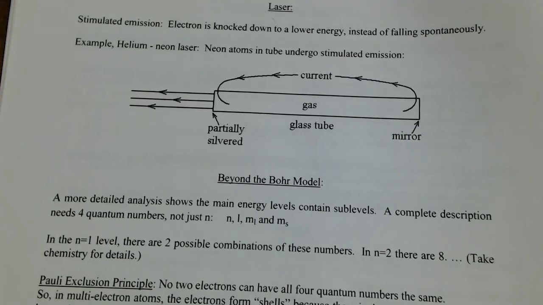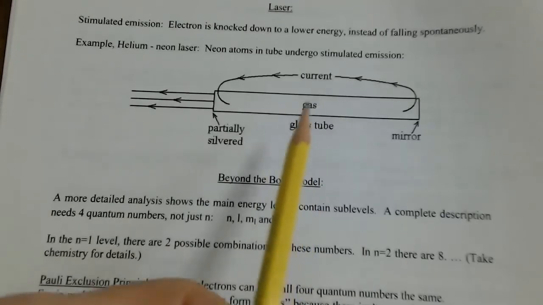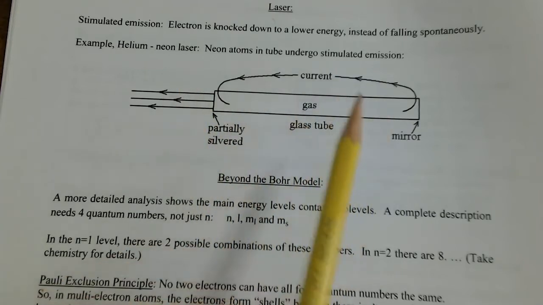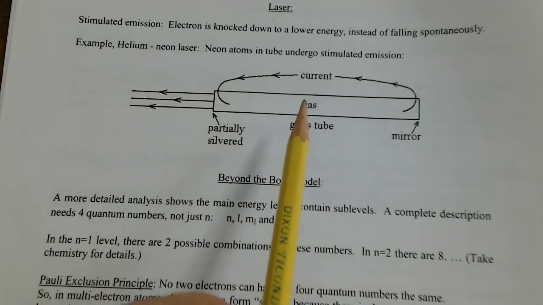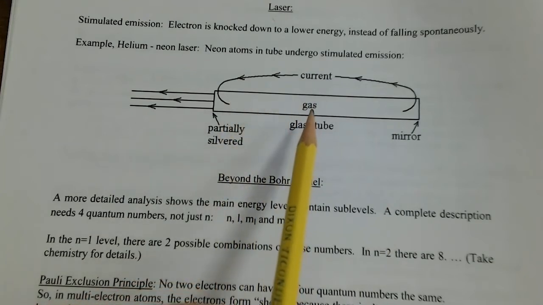The most common lasers these days would be some sort of solid state laser, actually, some sort of little diode that gives off laser radiation. But this is the kind of laser that we use here in the lab. It's a gas laser, a helium neon laser. A greatly oversimplified picture of it is here. You've got a gas in a glass tube.